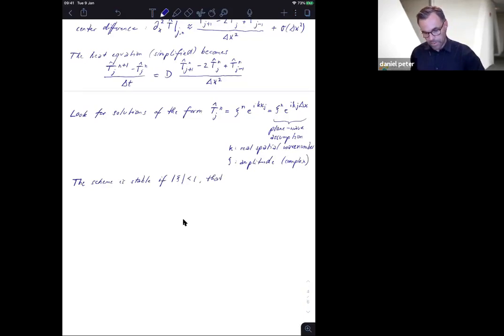That is psi^n goes towards 0 as time goes to infinity.